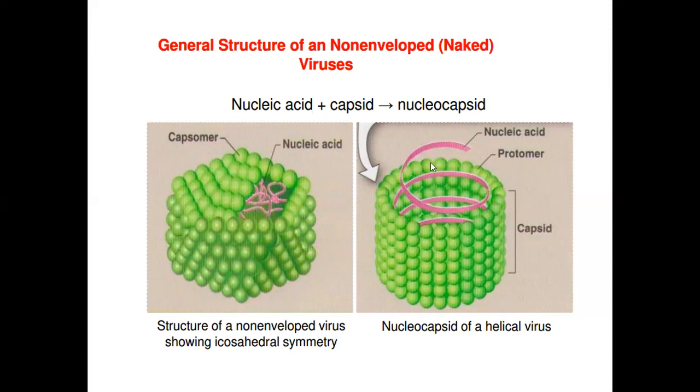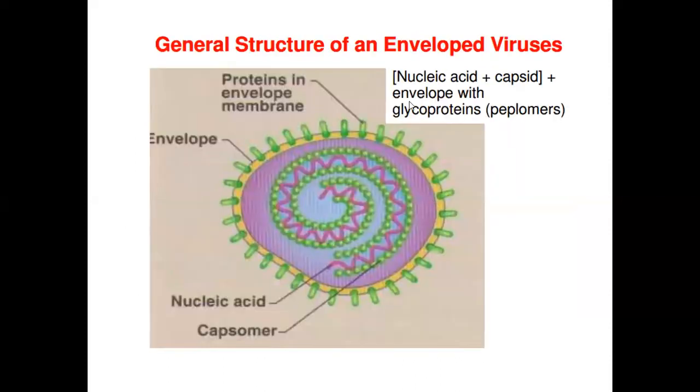Helical is like a chain, and icosahedral like a cube. And here we can see the structure of enveloped viruses. Let's repeat: enveloped viruses must have a nucleic acid covered by the capsid, and then they have an additional shell, which is called the envelope. The envelope consists of proteins, lipids, and glycoproteins.